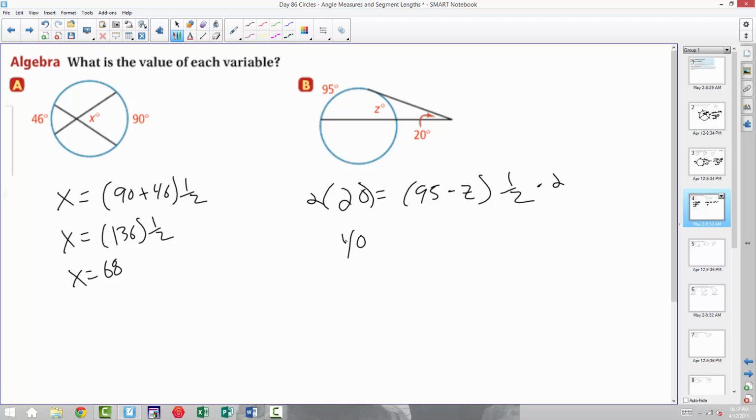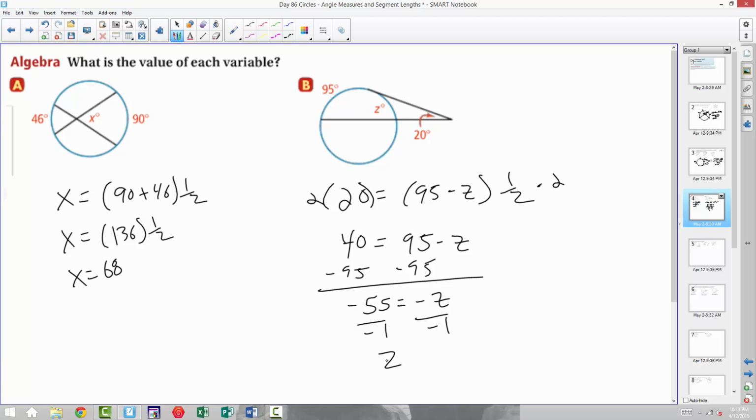So now I have 40 equals 95 minus Z. Subtract 95 from both sides. So I have 40 minus 95, I have negative 55 equals negative Z. Therefore, divide by negative 1. Therefore, Z is equal to 55.